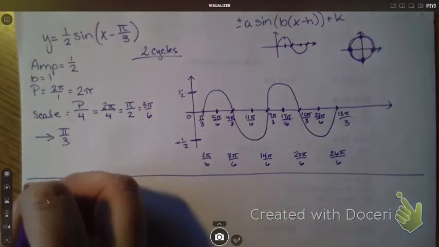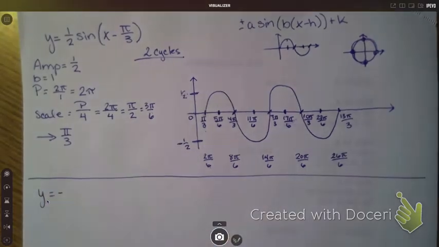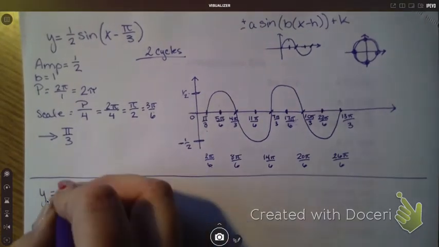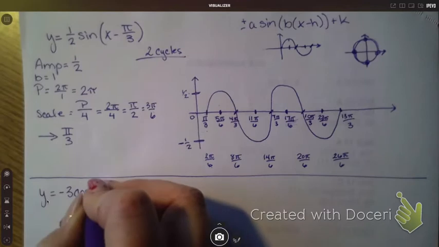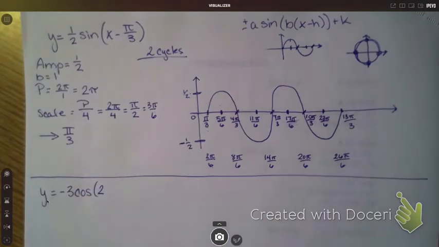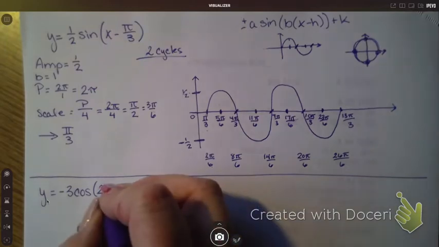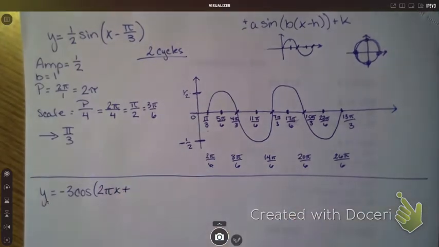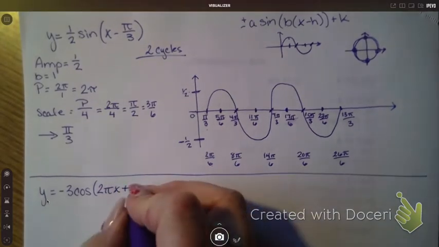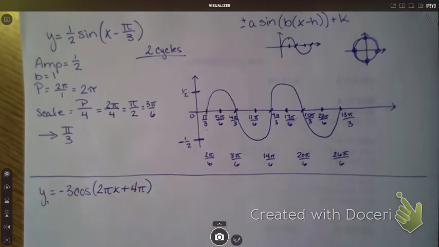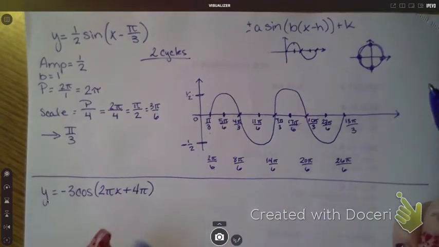Okay? y equals negative 3 cosine of 2 pi x plus 4 pi. Would you factor out a 2 pi? Yeah, we are going to.